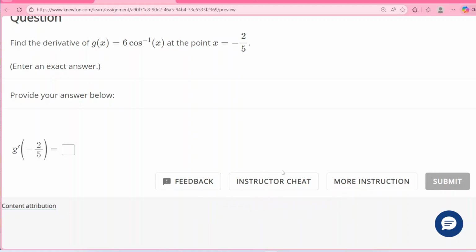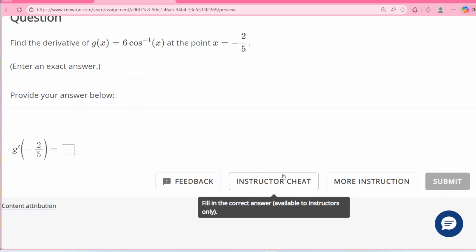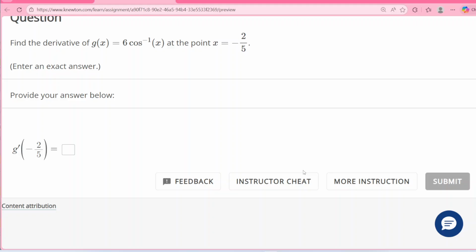This instructor cheat button will not be there, of course, right? This is for instructors only, just to fill in answers when making presentations and whatnot. So I will not be using this in this video since you won't have it either. But you will see the more instruction button.